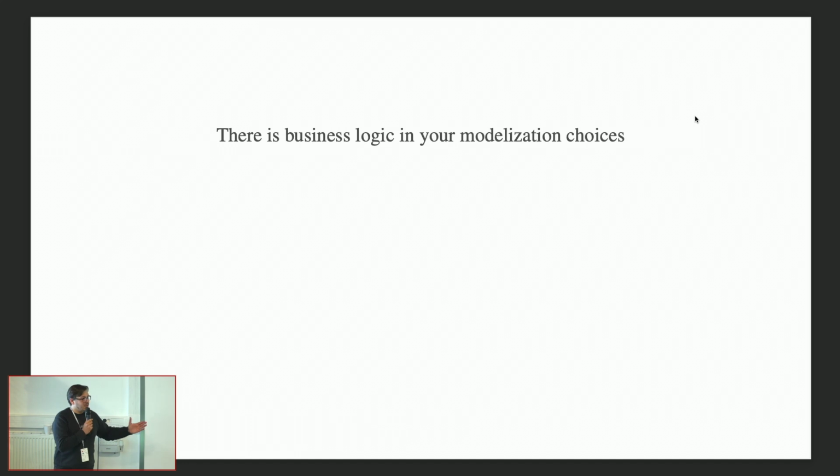Do you have a very dumb model, a very dumb representation of your domain model in the database, or do you constrain it a lot and use SQL functions and so on, to put a lot of work on the database side? It's a line you need to draw. It depends on your use case, actually. Sometimes a dumb model is better, sometimes a very complex model is better. But anyway, if you choose to modelize things, you put business logic into it.